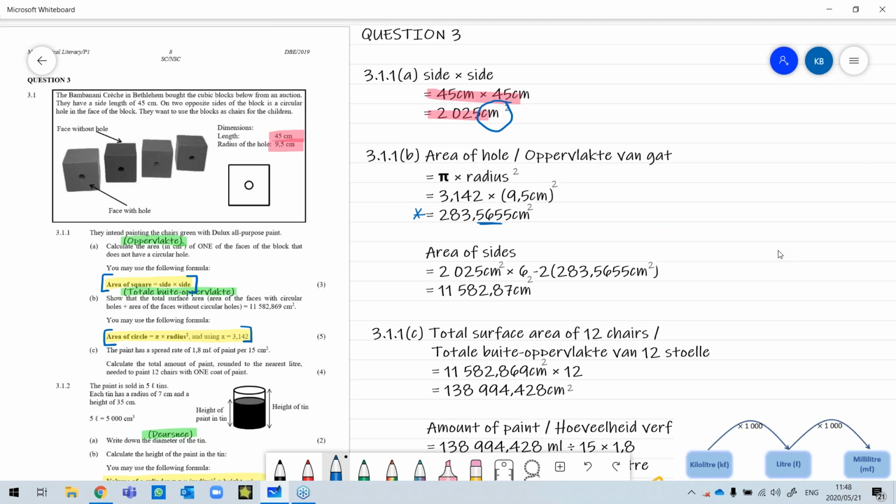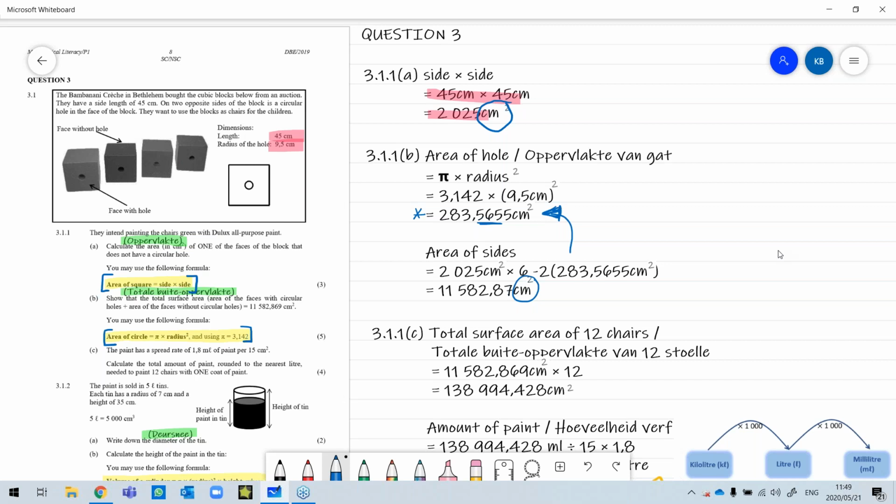Therefore, we subtract 2 multiplied by the area of the hole, which we just calculated. So that area, that cut out hole, we multiply by 2 because only 2 of the faces has holes. And that gives us a final answer of 11,582,87 square centimeters. Once again, pay attention to the unit.